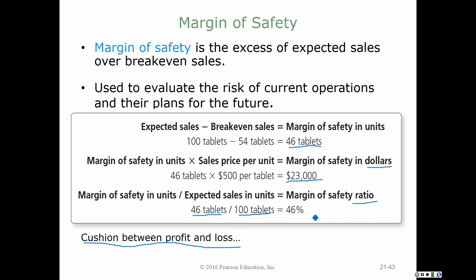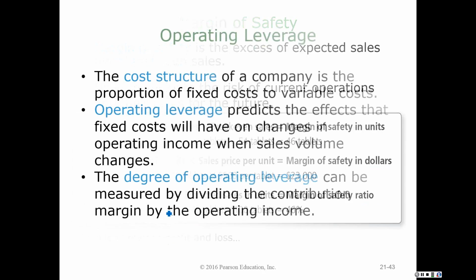In this particular case, with the 46% margin of safety ratio, we're saying that we could lose 46% of our total expected sales before we would be generating a loss. So once again, that's why the text calls it your cushion. We can use cost volume profit analysis to analyze and evaluate our margin of safety.